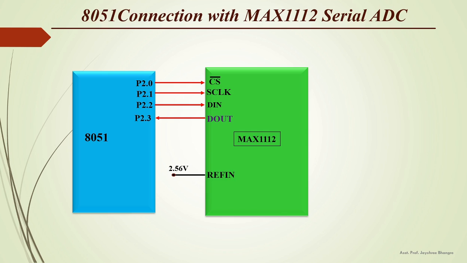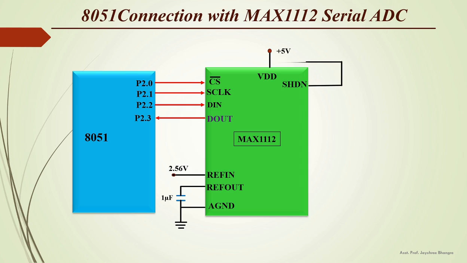If we want to get the step size equal to 10 millivolt, then we have to apply the reference voltage, that is 2.56 volt, to this reference in pin, so that we can get the 10 millivolt step size. Then this reference out pin is connected to the analog ground through this 1 microfarad capacitor.